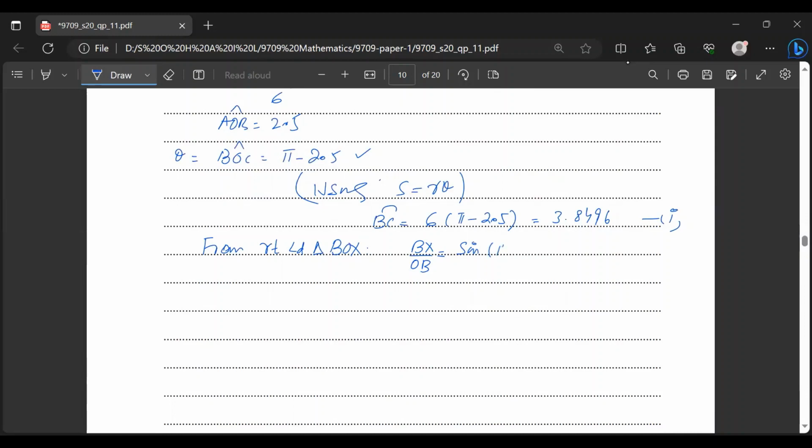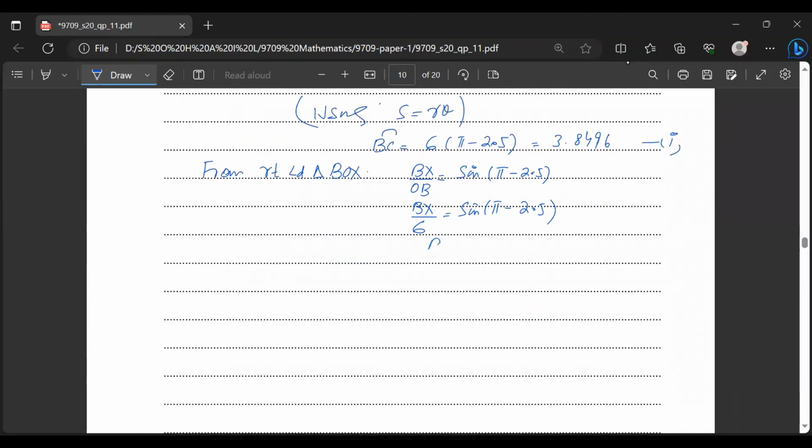Theta is pi minus 2.5. OB is 6, so BX is equal to 6 sine of pi minus 2.5.